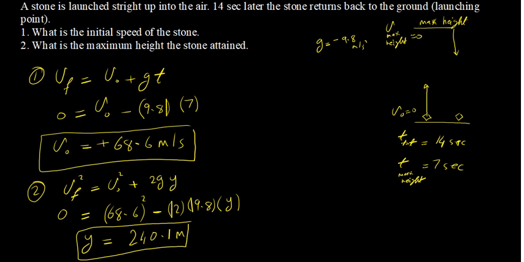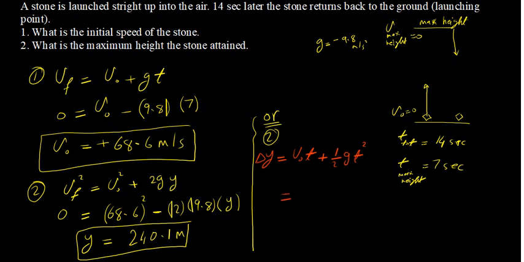The other way I could do it, for part 2 again, I'll change the color maybe. I could say that y, or delta y, equals the initial velocity times t plus half g t squared, because I do know the time required to reach the maximum height. I have the gravity acceleration and I managed to calculate the initial velocity.